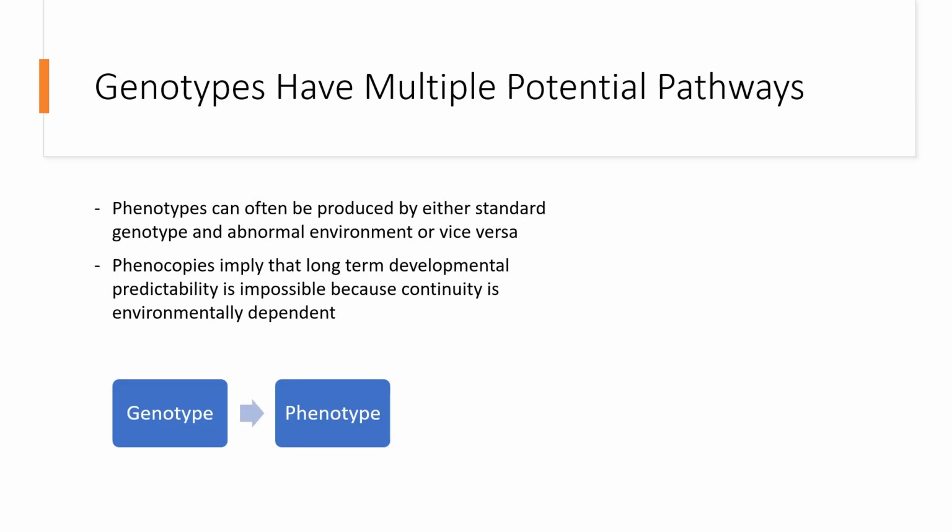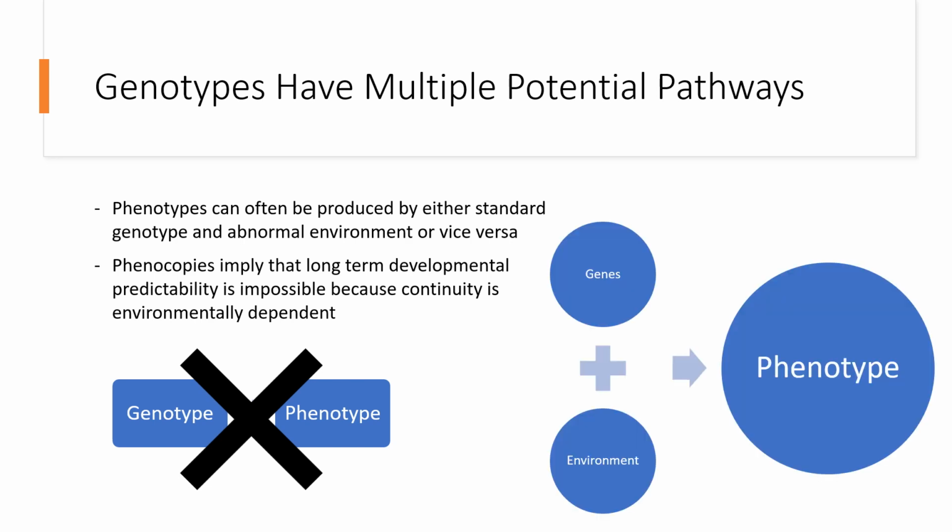In this way, we can see that a model of development which draws a straight line between any particular genotype and a corresponding phenotype is not quite accurate. Rather, we should see that genes and environments interact and collaborate to produce any of the possible phenotypes for any particular genotype.